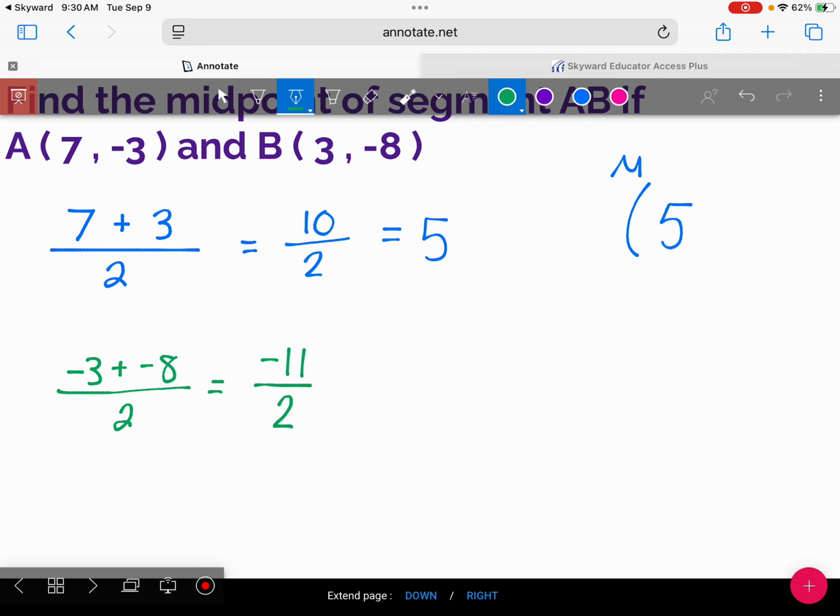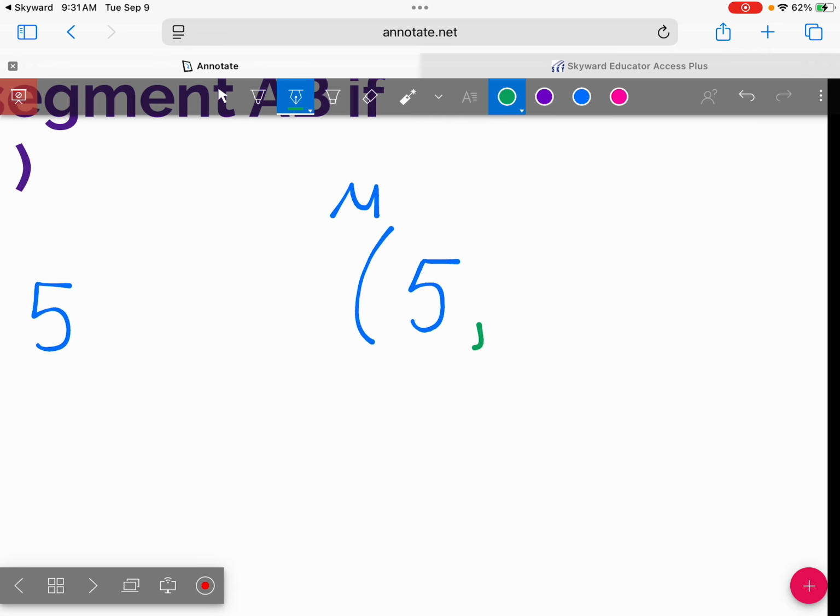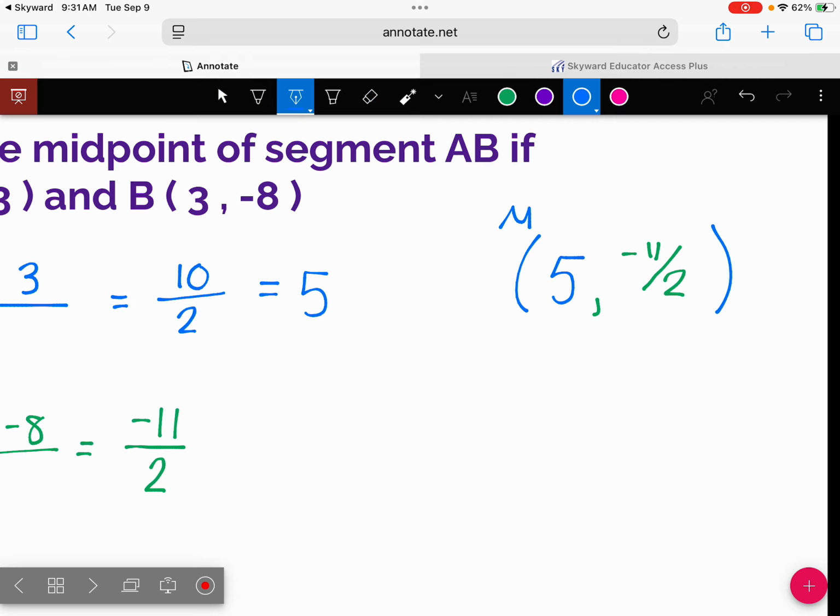If we wind up with something like thirds, do not round it. You've changed your answer. We're going to leave things as fractions if we can't get a terminating decimal. So I'm just going to leave this as my -11/2. And that's the y value of my midpoint. So our midpoint here is the point 5, -11/2. Or -5.5. Okay? So average your x's, average your y's. Simplify as much as we can.